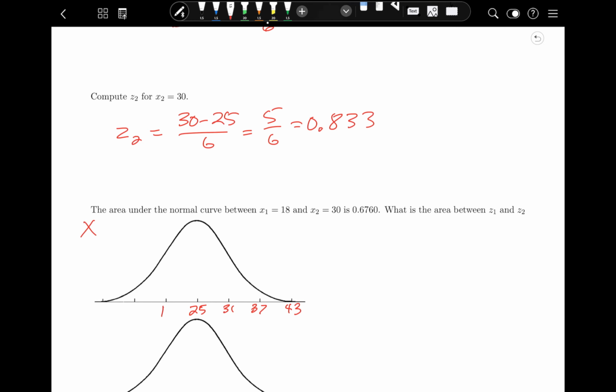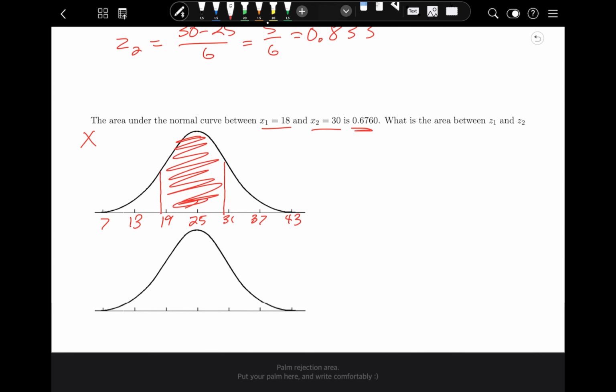So subtract 6, and you get 19, 13, and 7. What we noticed in the last section is that to talk about area, we can draw vertical lines at each of the data values. Here 18 is about right here, and 30 is just inside of 31. The area between them is this area in the middle.